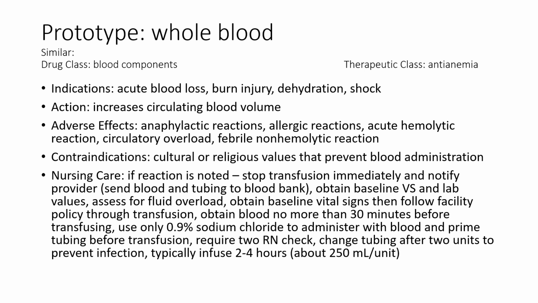The tubing that is providing the blood to the patient is typically changed after 2 units to prevent any infection, because remember, blood is an organic liquid, and everything has to keep clean, otherwise bacteria would love to grow in the blood. Okay? And that's why typically we infuse blood up to 4 hours.